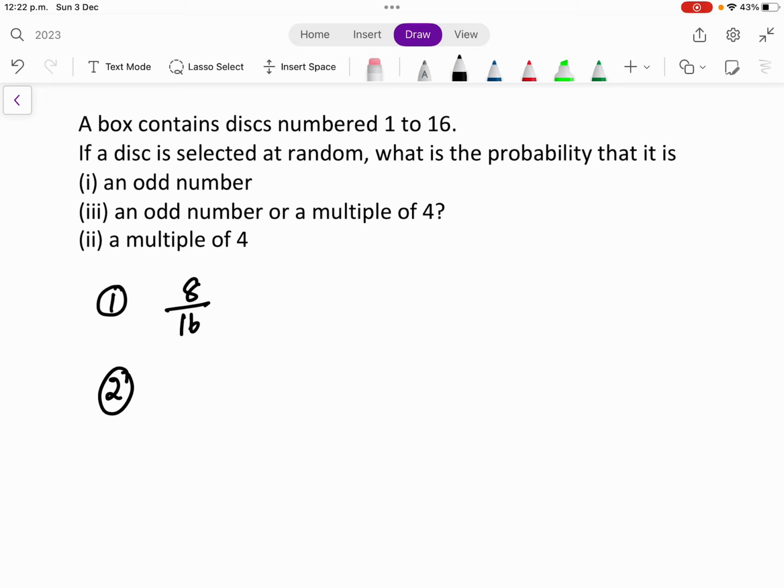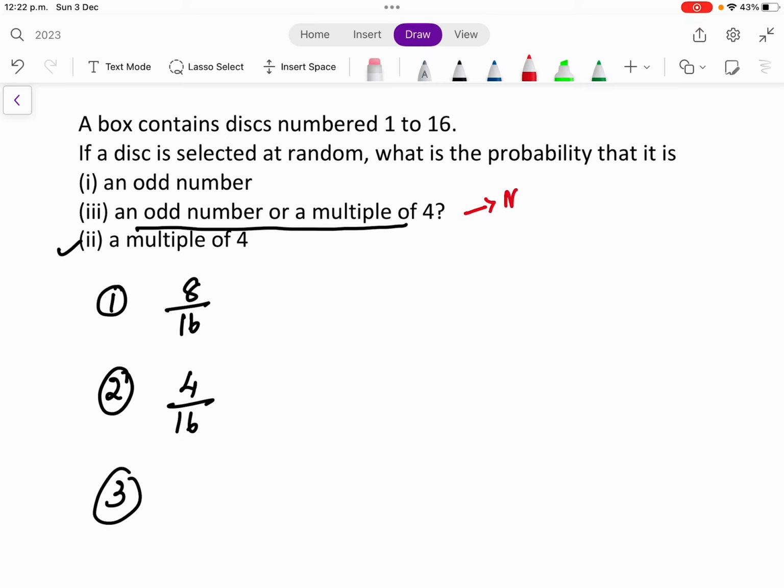And for the next, an odd number or a multiple of 4. Sorry, this is question number 3; the order got changed. Question number 2 is the multiple of 4. There are 4 multiples of 4, so it is 4 over 16. For the third one, odd number or a multiple of 4, can they happen together?